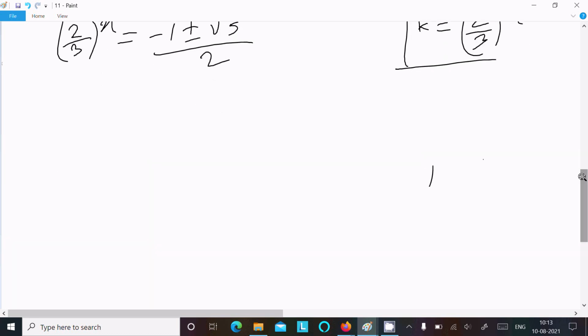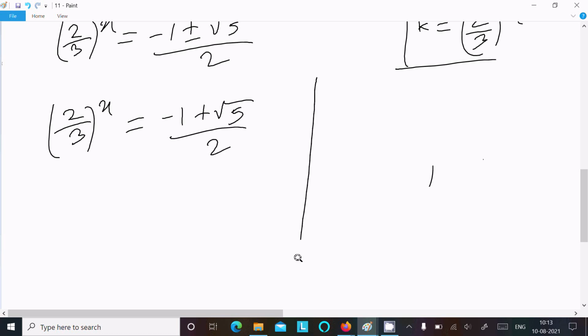One side we take the positive and the other side the negative. So (2/3) power x equals minus 1 plus root 5 divided by 2, and the other side (2/3) power x equals minus 1 minus root 5 divided by 2.